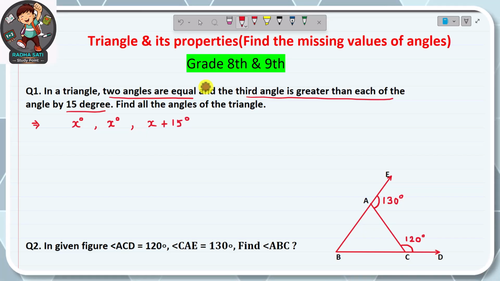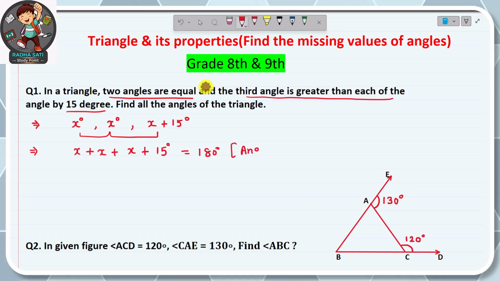Now we know about the angle sum property of a triangle. The angle sum property of the triangle says that the sum of all three angles of a triangle will always be 180 degrees. So let's add them: x plus x plus x plus 15 will be equal to 180 degrees, as per the angle sum property of a triangle.